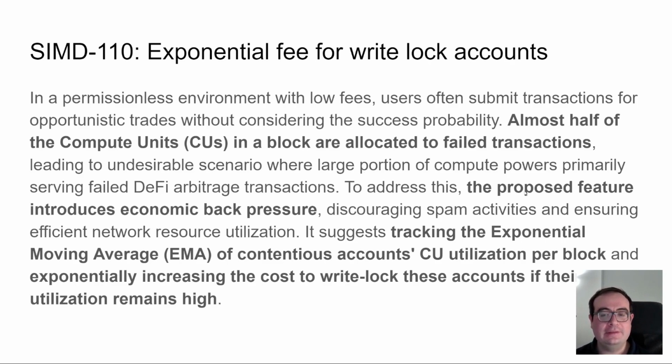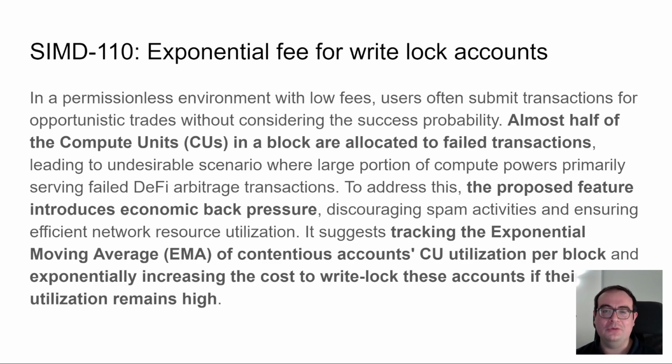So to address this, the proposed feature in this SIMD introduces economic back pressure, discouraging spam activities and ensuring efficient network resource utilization. It suggests tracking the exponential moving average of contentious account CU utilization per block. Okay, so first of all, we have to clarify what this is. The idea is to track how many CUs are used for every account.